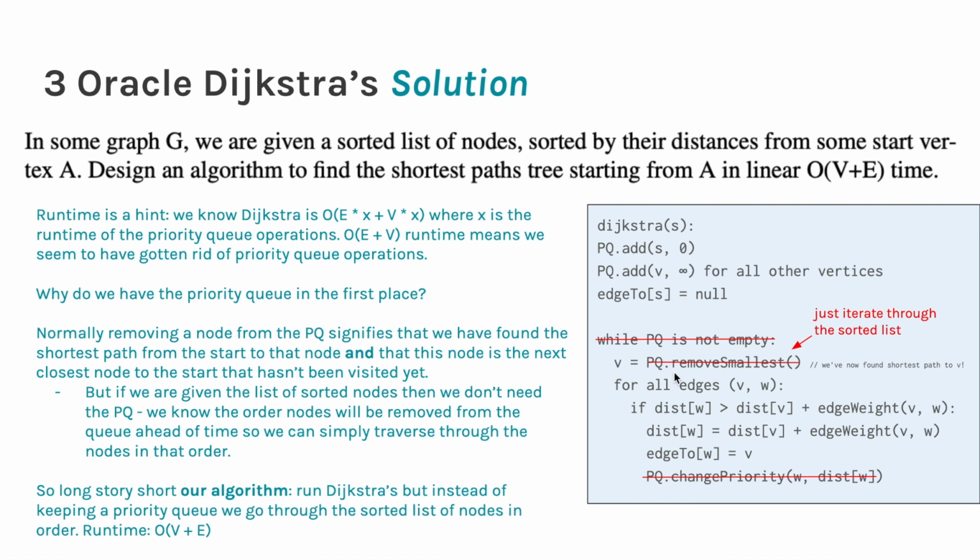So when we remove the node, it means we've found the shortest path to that node, and this is the next closest node to the start that hasn't been visited yet, right?